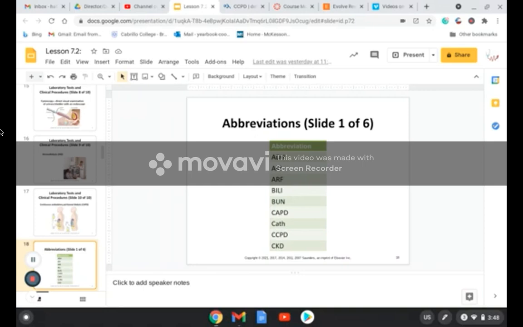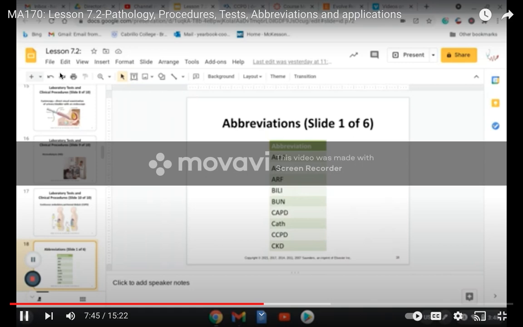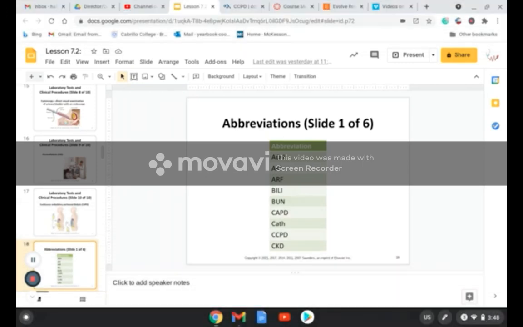BILI, or Billy, can be either bilirubin, or also often the Billy Light is used on newborns who are experiencing jaundice. BUN, remember that's the blood, urea, and nitrogen. CAPD, so we just looked at that. That was the continuous ambulatory peritoneal dialysis. So ambulatory means that the person can walk around.